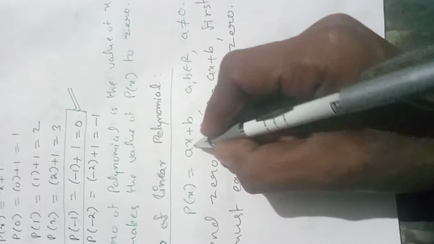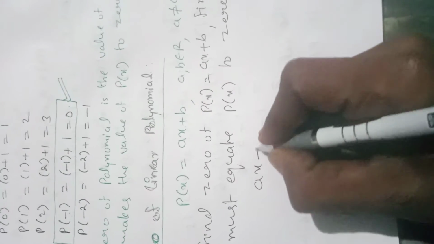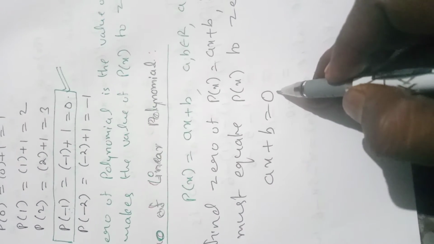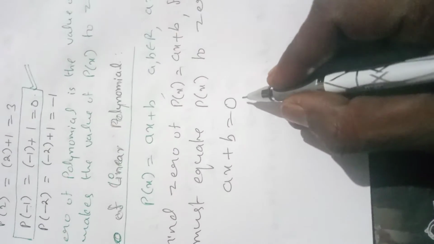So that means I am taking ax plus b equal 0. Why should we equate to 0? Because we need to make this whole polynomial value 0. So it will become 0.